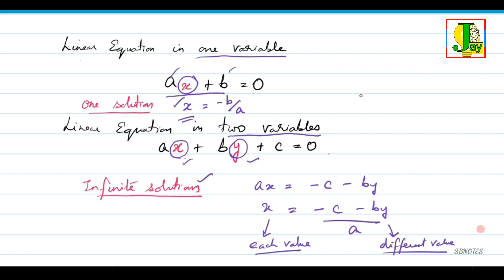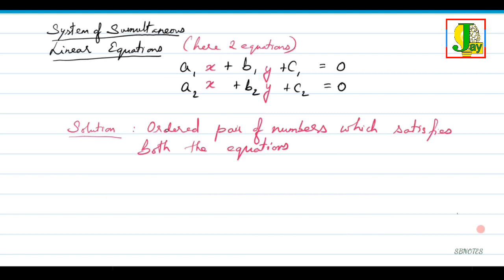Let us see some other possibilities, like when we have a system of simultaneous linear equations. What do we mean by a system? That means two or more linear equations. Since we have two variables, to solve these equations we need at least two equations. When we have three variables, for example ax + by + cz + d = 0, we need three equations to solve.